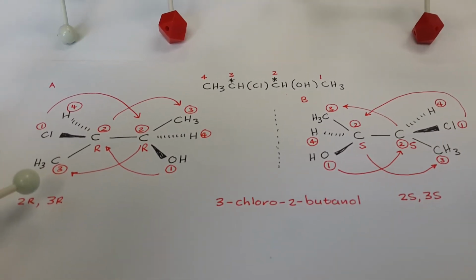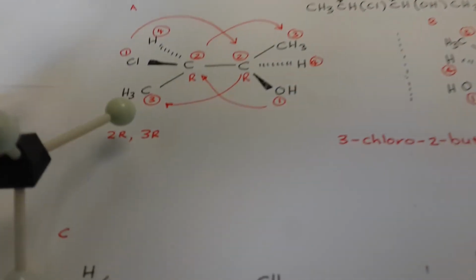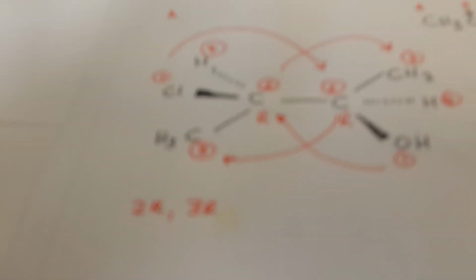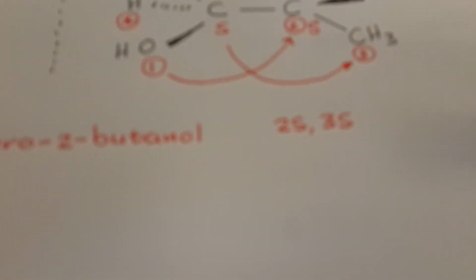However, if I look at all the different molecules together, you'll see that I now have 4 different molecules. I have a 2R, 3R in this first one. And if I look at the second one, I have a 2S, 3S.